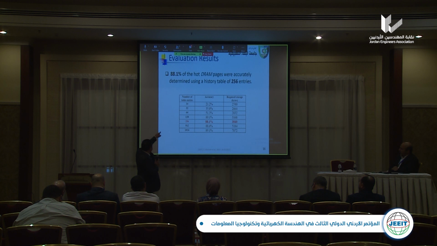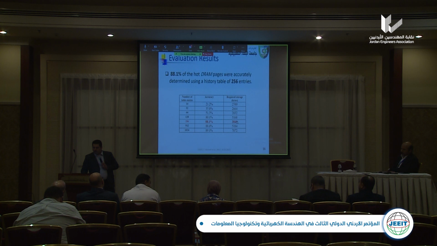This table shows the required storage when using history tables with different sizes, ranging from 16 entries up to 1024, and also the average accuracies achieved when using, for example, 16, 32, or 64 entries.